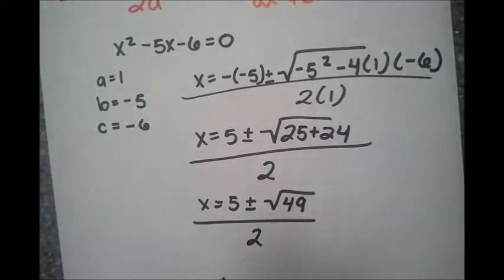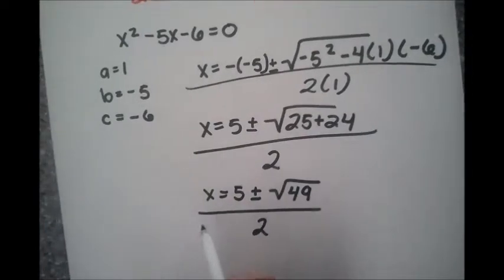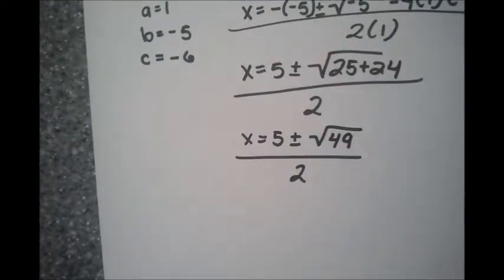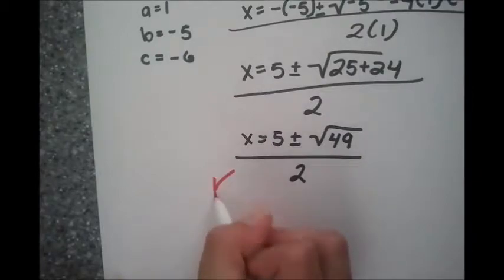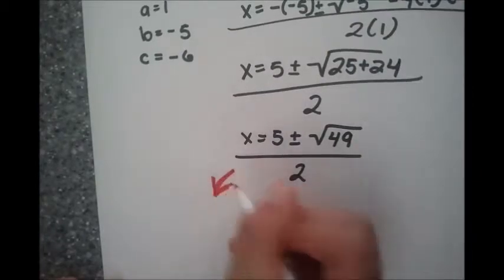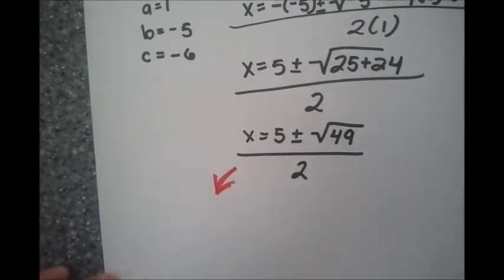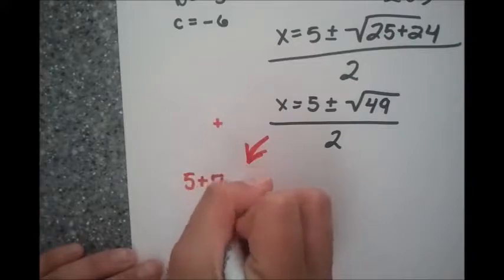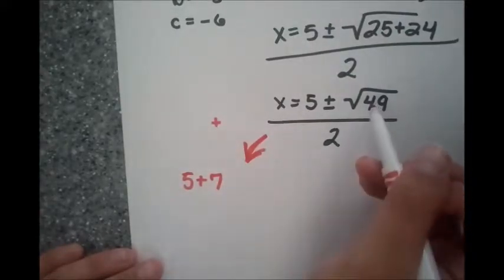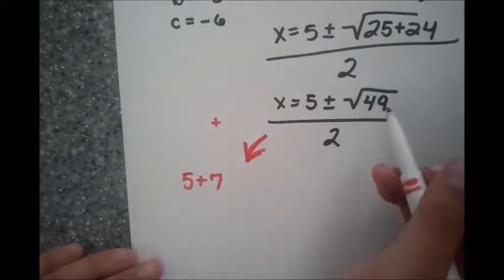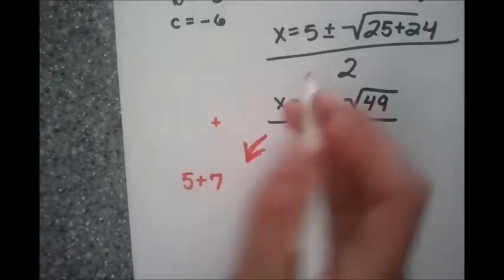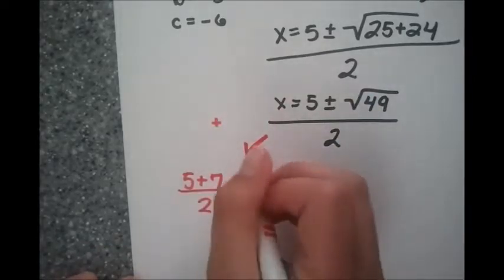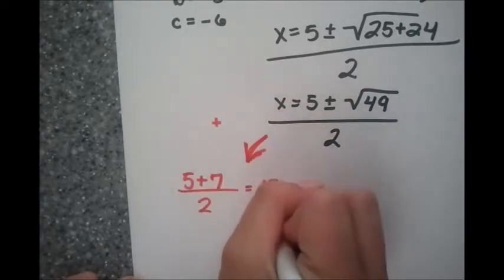Since you have a plus or minus, you need to divide it into two separate equations. The positive one is 5 plus 7, because the square root of 49 is 7. So 5 plus 7 over 2 is 12 over 2, which equals 6.